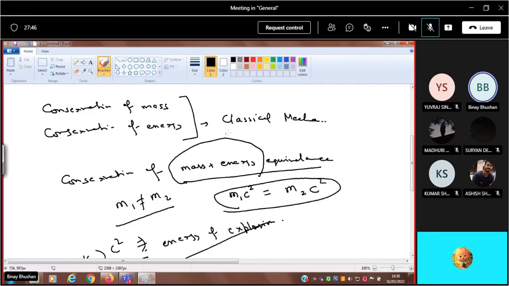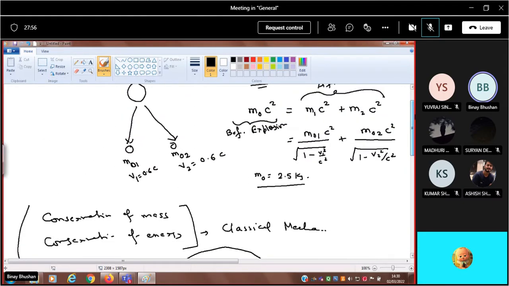We have written this conservation of mass plus energy here. That energy conservation principle has been written here. Mass energy.